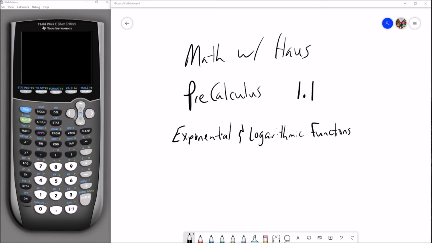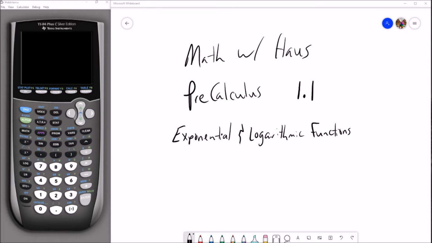In general, with my students, they've already done lots of drills on those topics, and so I like to start with something new. And this something new is usually exponential and logarithmic functions.